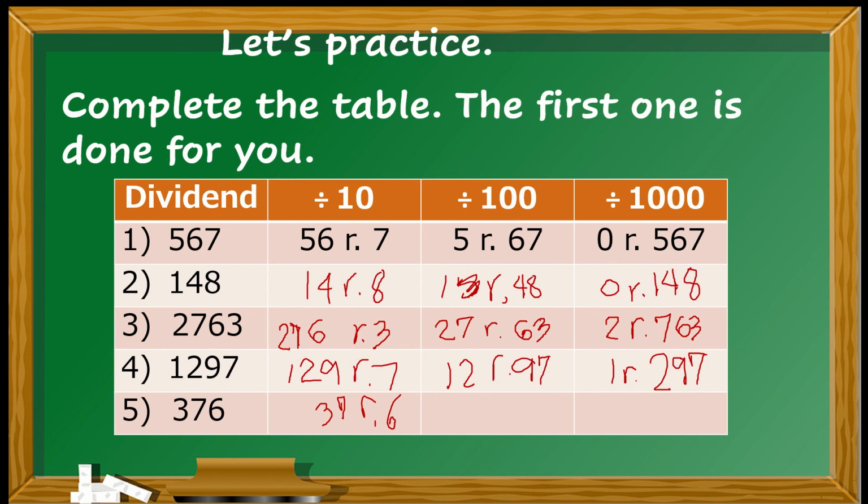Okay. Sorry sa penmanship ko ha. Next, we have 3 remainder 76. Dahil meron siyang dalawang 0. Then dito, 0 remainder 376. Okay. Naka 5 ka po ba? Sana perfect ha.